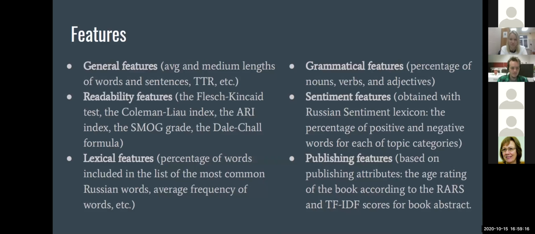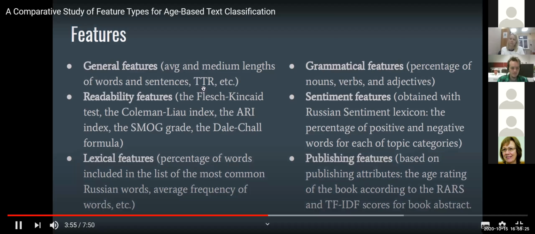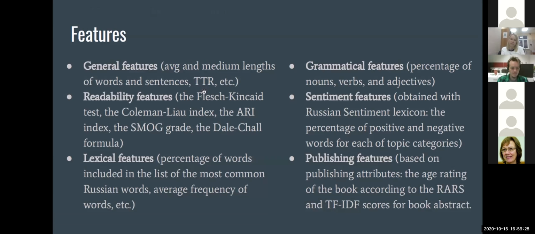Next, we identified 6 types of features. We named the first type general features. These are average number of words, average number of sentences, and all that. The second type is readability features. These are values of 5 common readability tests. The third type corresponds to lexical features related to dictionaries of the most common words and so on.